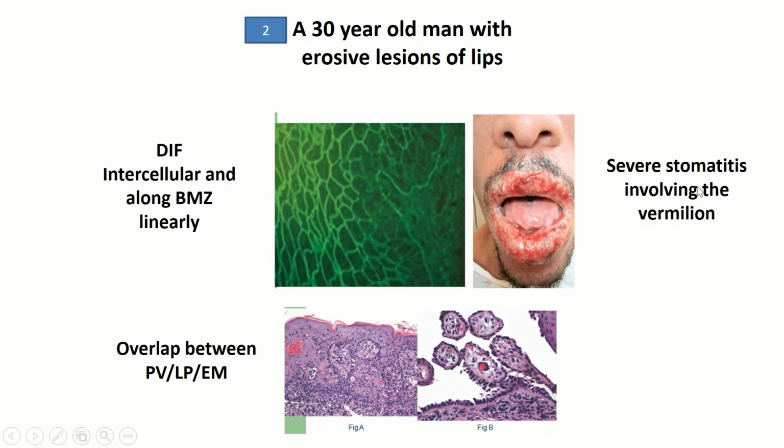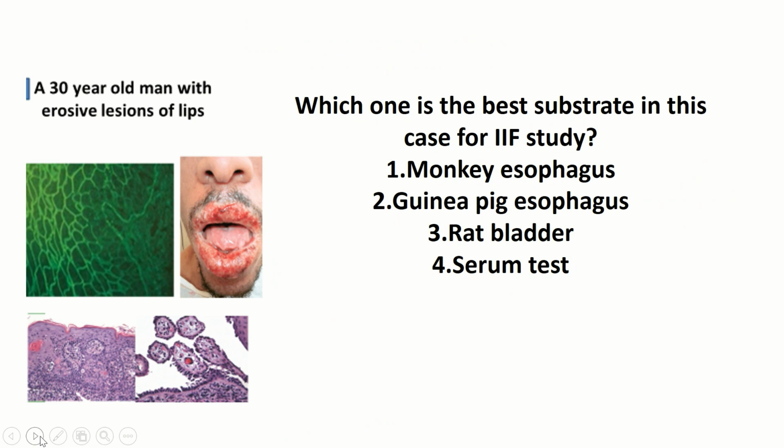Severe stomatitis involving the vermilion, overlap between pemphigus vulgaris, lichen planus, and erythema multiforme, and on DIF, intercellular and linear basement membrane zone staining. Which one is the best substrate for IIF study? Rat bladder.